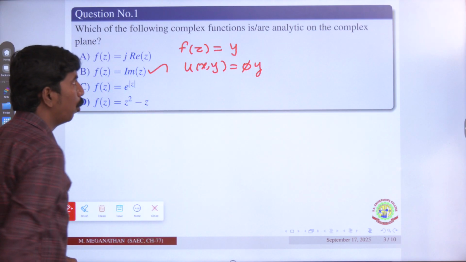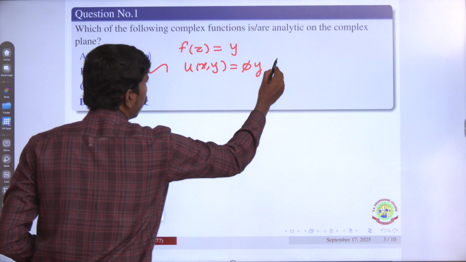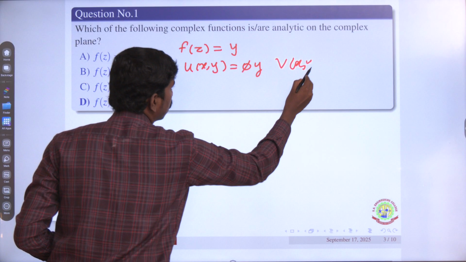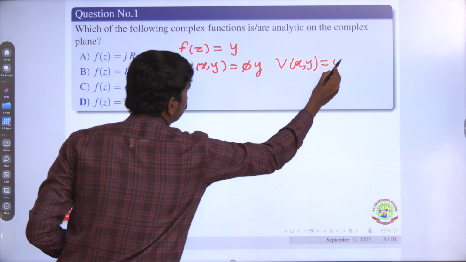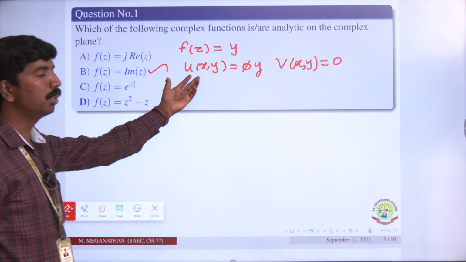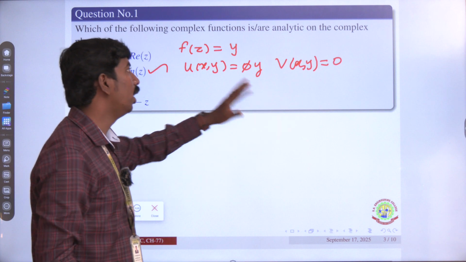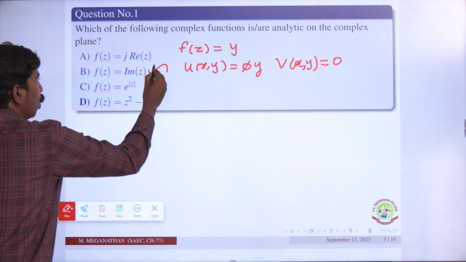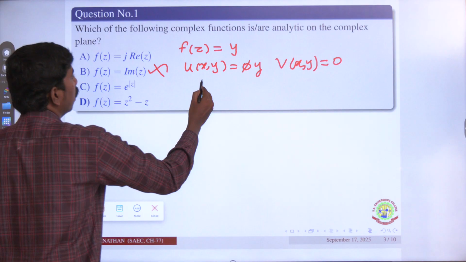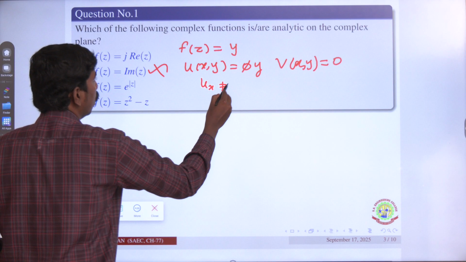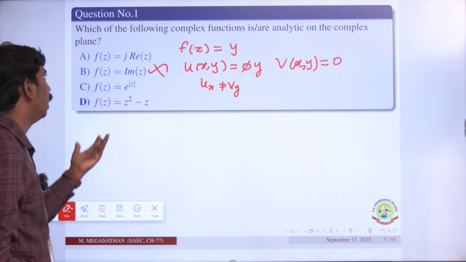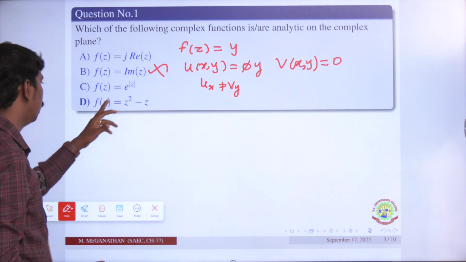So the real part is y, and what about the imaginary part? That is v of x comma y equal to 0. So in a similar way one function is a variable and the other function v of x comma y is 0, therefore we conclude this is also not analytic, because similarly we will get ux not equal to vy. So we conclude this function is not analytic.